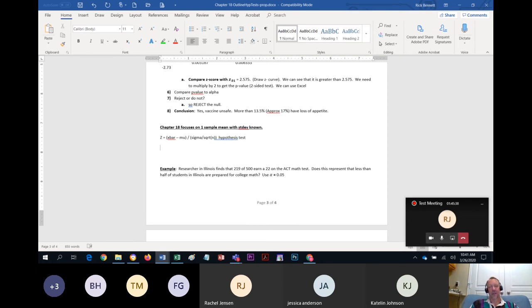Then your confidence interval is going to be X bar plus or minus Z sub alpha over 2 times sigma over the square root of n.